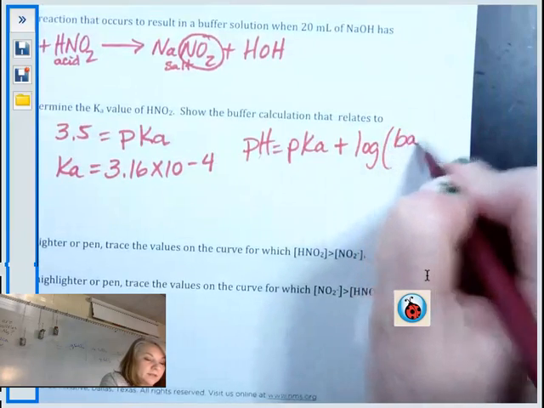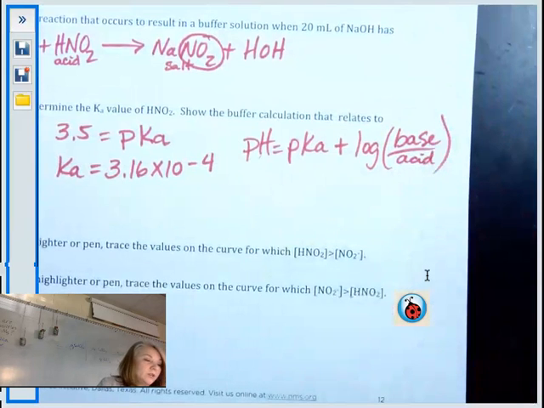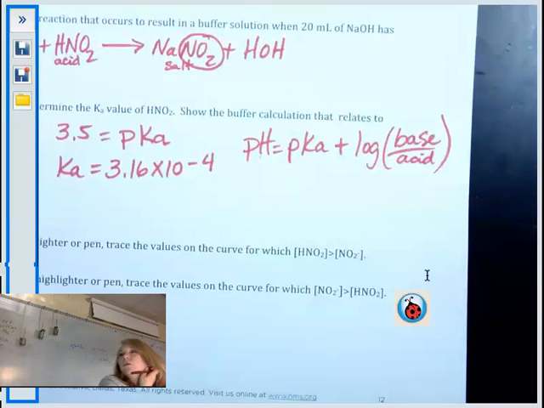Base over acid. Okay, now at the halfway to the equivalence point, what parts are equal? pH and pKa. pH is equal to pKa. Why? Because the base and the acid have the same concentration or the same number of moles. That is correct.